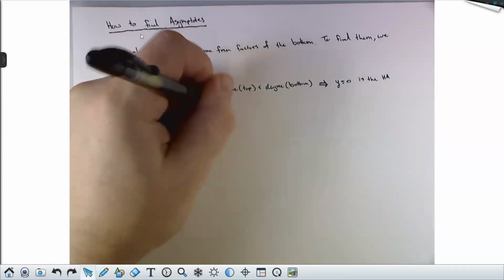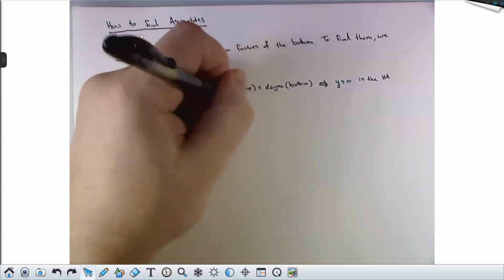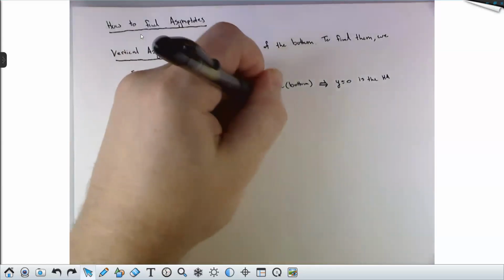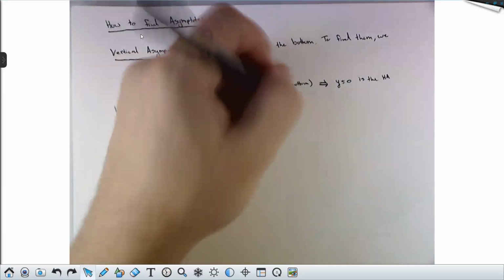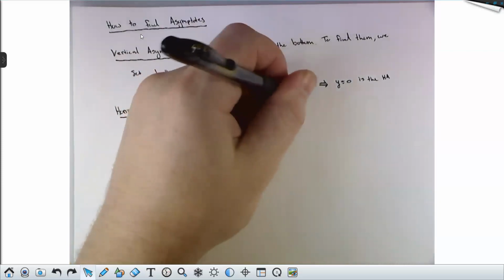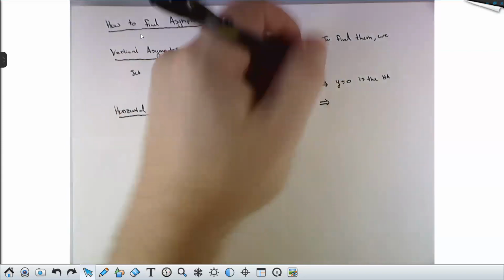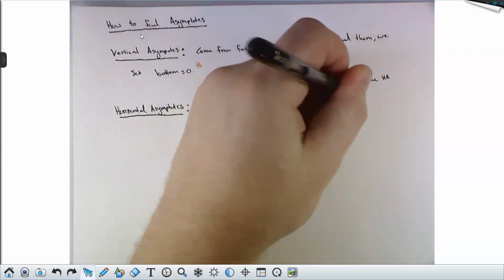If the degree of the top is bigger than the degree of the bottom, then there is no horizontal asymptote.